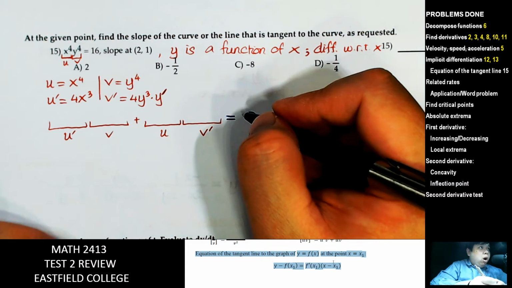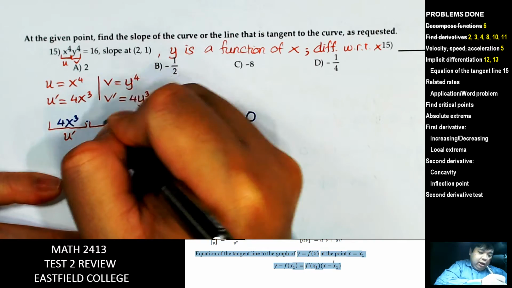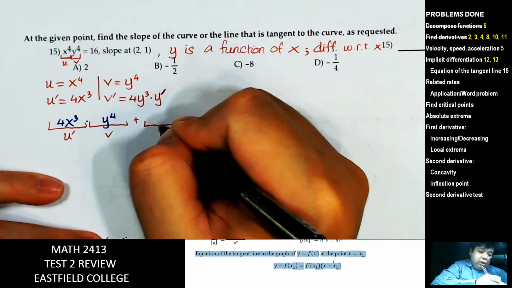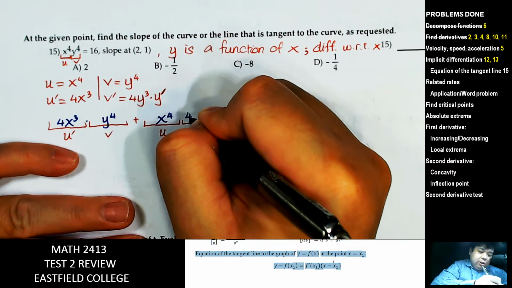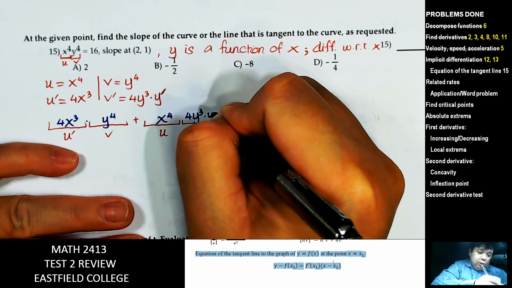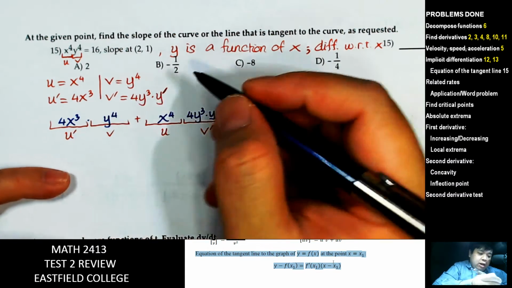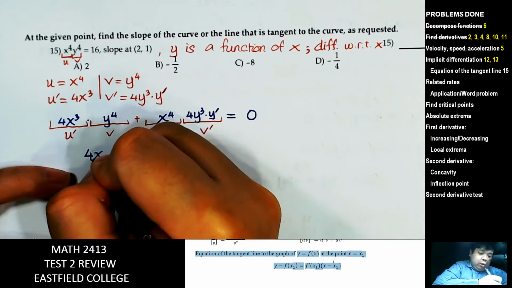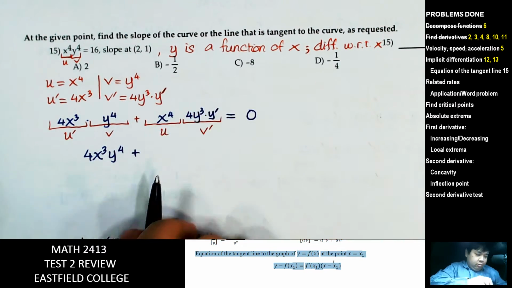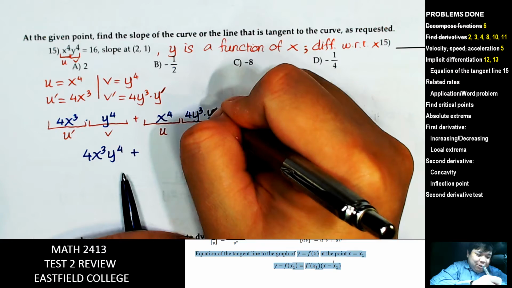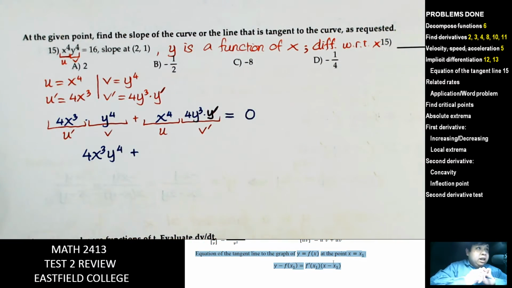So we have u prime, 4x cubed, v, y to the 4th, u v prime. Right? So multiplying this, we have 4x cubed y to the fourth. I should always keep the y prime here in red because that's what we're going to solve for, right?